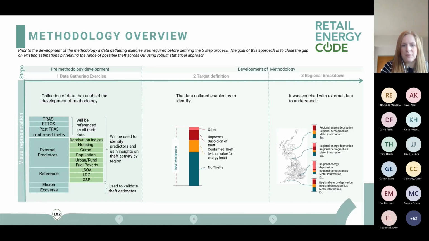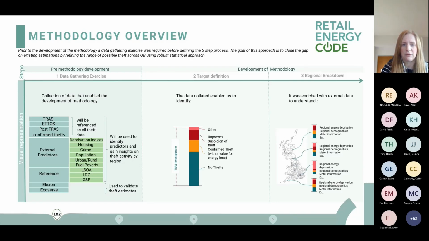This included the TRAS theft data, so this is the confirmed thefts and the information around theft investigations. We also had data from ETOS, which was the theft investigations that had the lead source from Crime Stoppers. And then we also had some post-TRAS confirmed thefts.